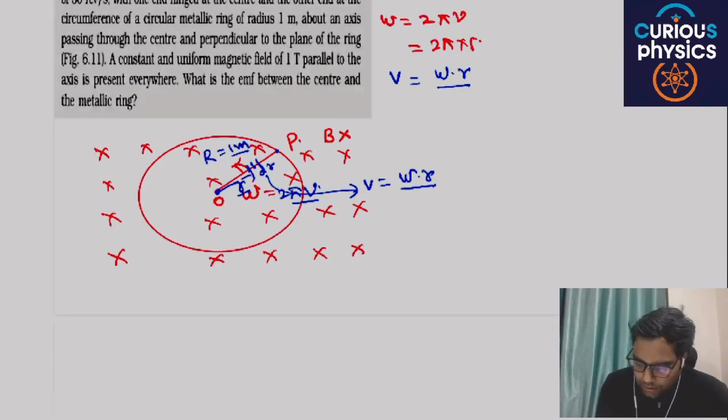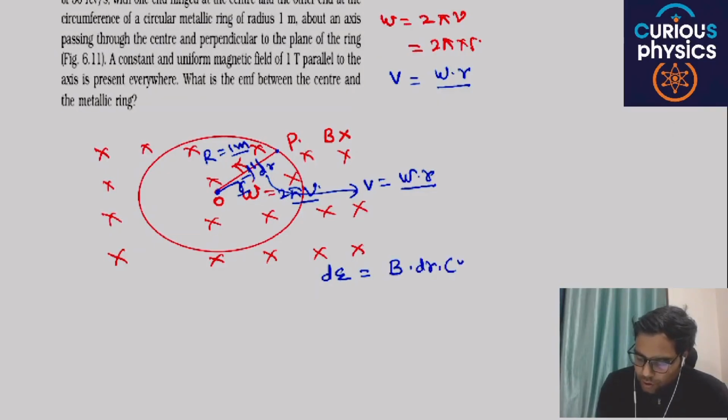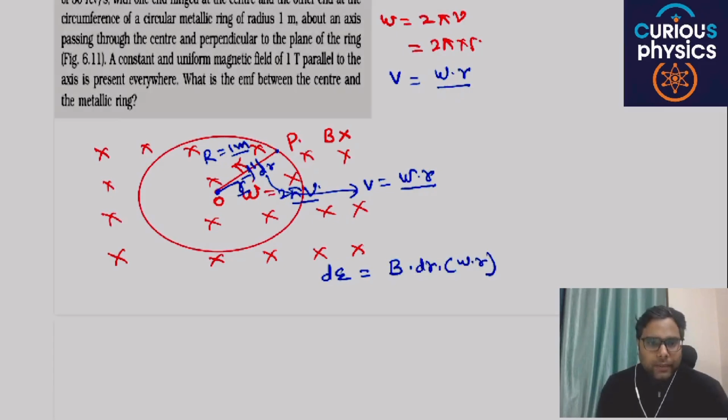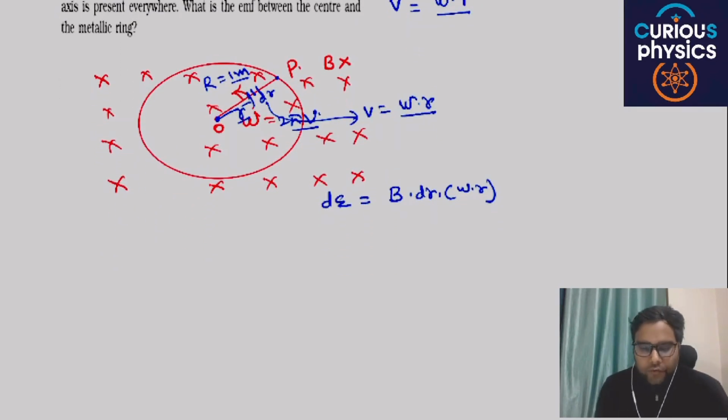The small induced EMF will be dE = B l v, where the length is dr and v is omega times r.